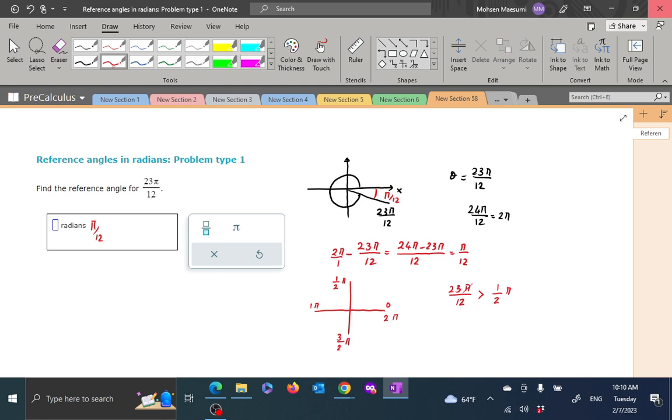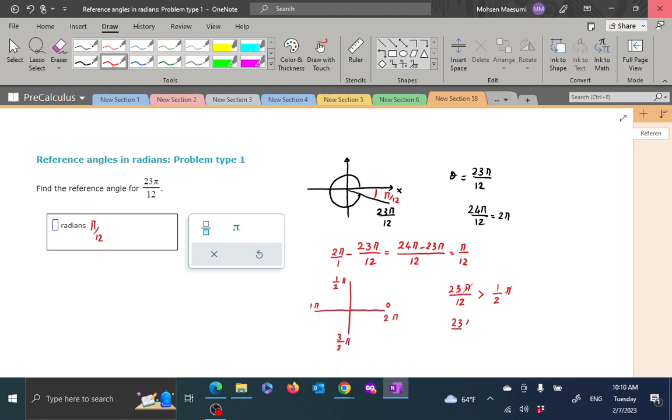To simplify, you can put the pi's aside, divide by pi. Now you're deciding what's bigger, 23 over 12 or 1/2. It's just two fractions. You multiply both of these by 12, you see this is 23, this is 6. That's obviously bigger.